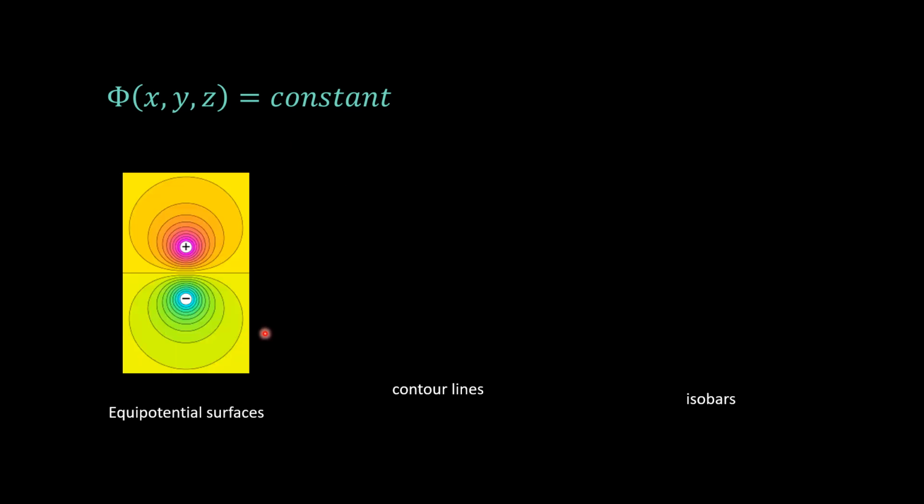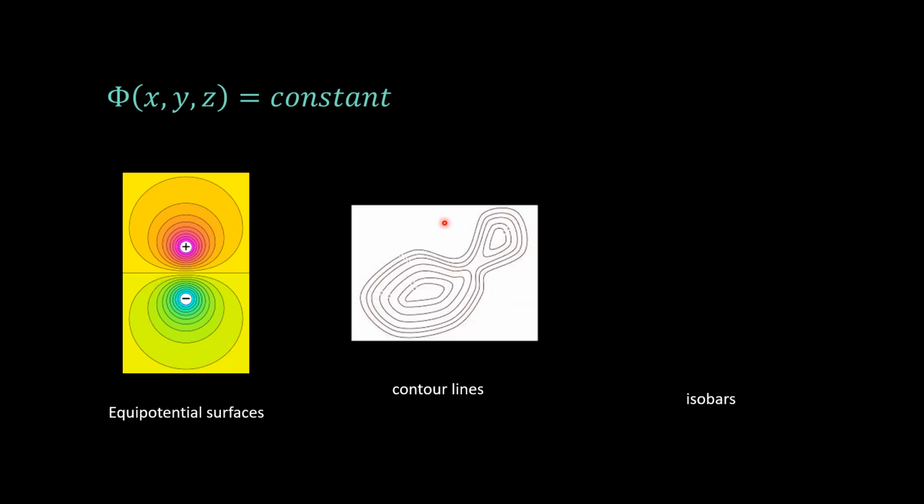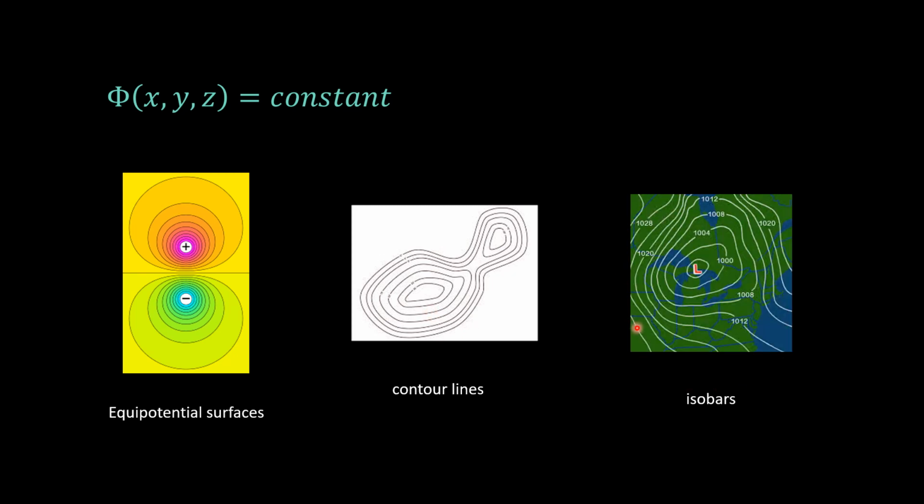Examples for level surfaces could be equipotential surfaces, where you draw a line connecting the points with equal potential, and the contour lines, that is again lines joining equal points, and isobars. So they are lines connecting points where there is constant pressure. These are some examples for level surfaces.